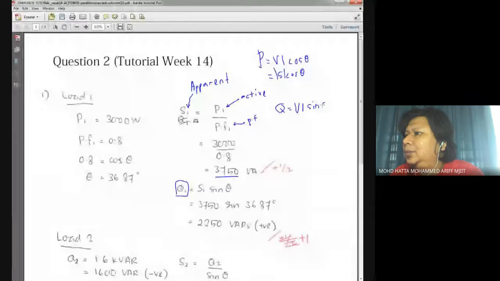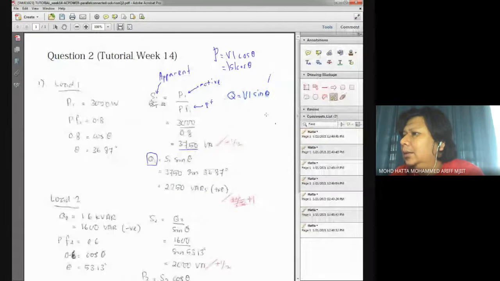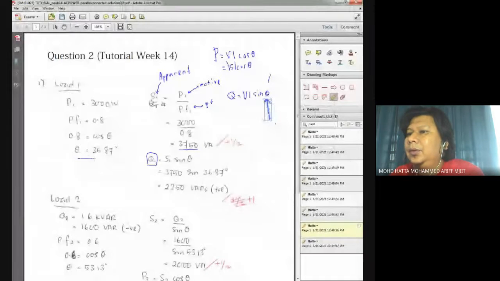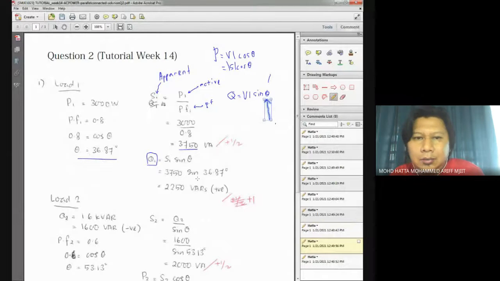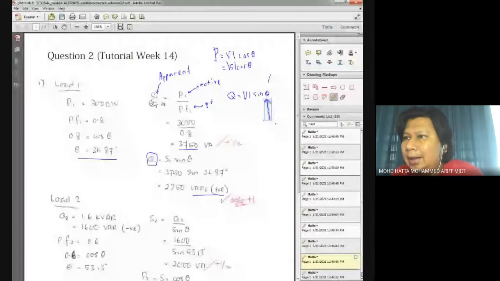Here you need to calculate the value of your theta, which is calculated based on your power factor value. Put it over here and you will get your reactive power. Remember that reactive power must be a positive value because we have a lagging power factor over here. That is for load number 1.